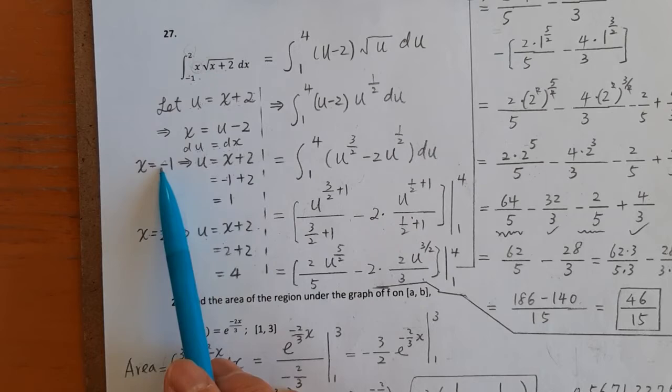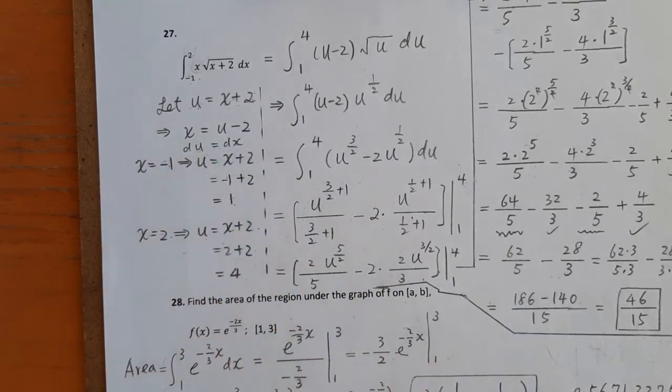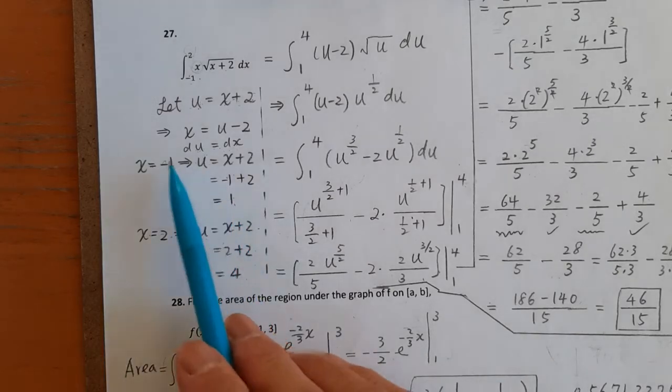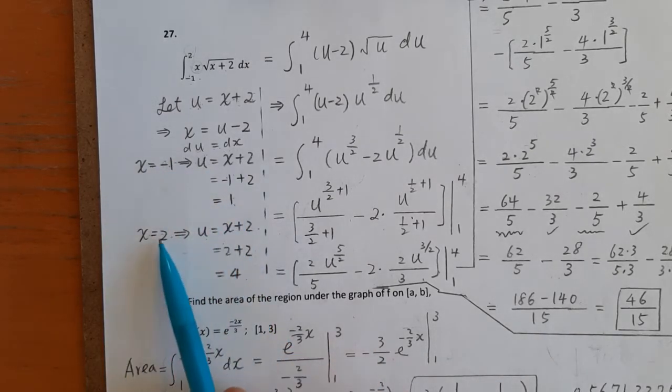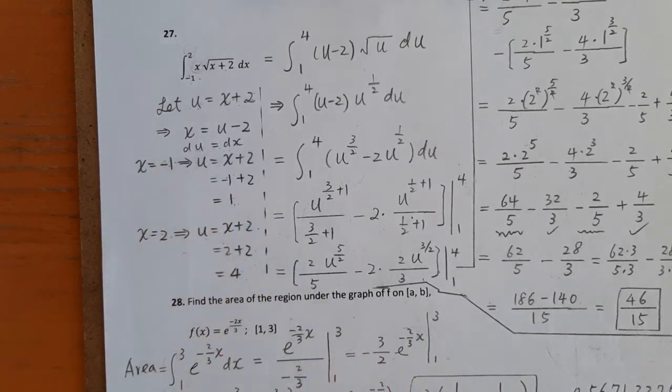So when x goes from -1 to 2, u goes from 1 to 4.